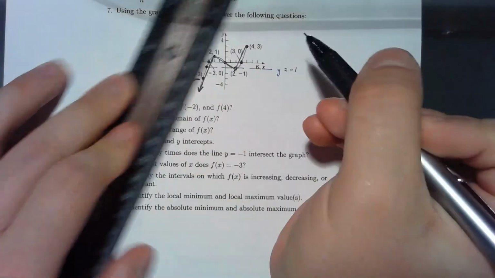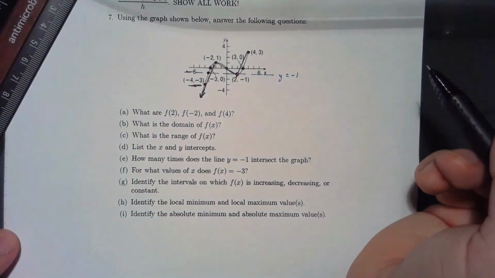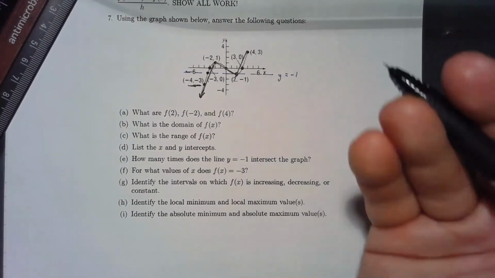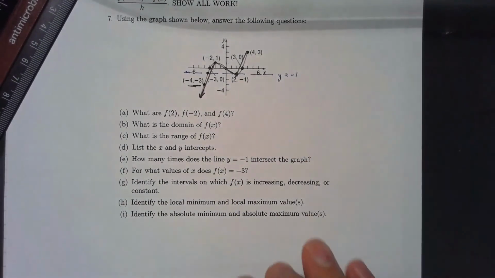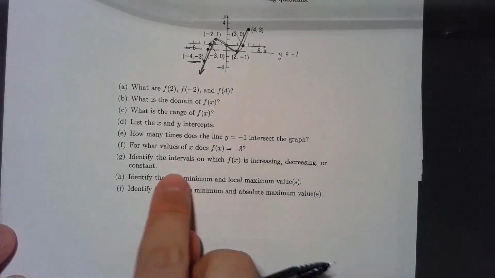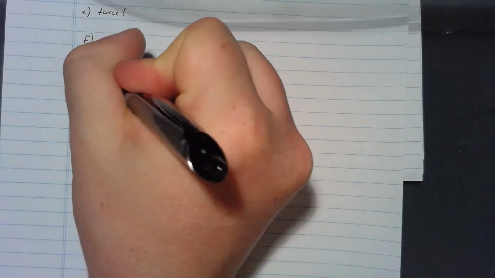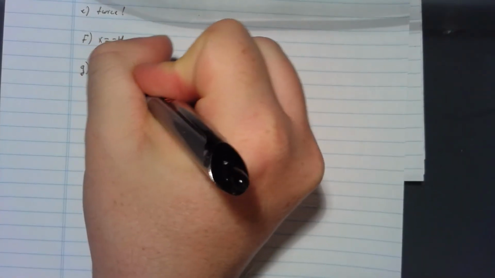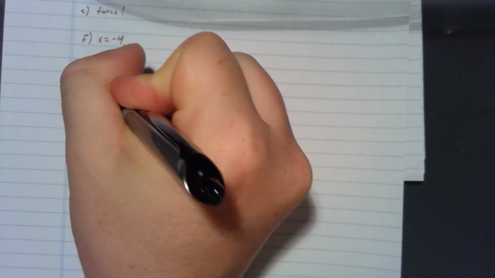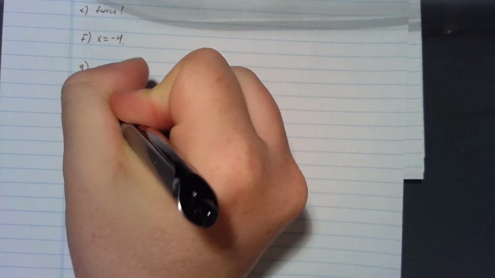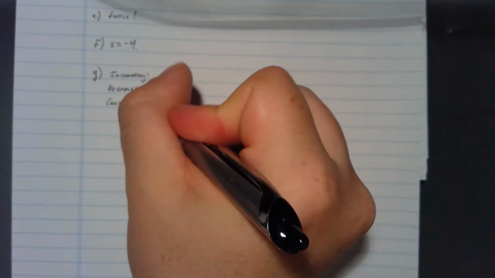So actually on this function, there's no horizontal line, so there are no constant intervals. So the intervals on which I'm increasing, decreasing, and constant. Like I said, constant, there are none.